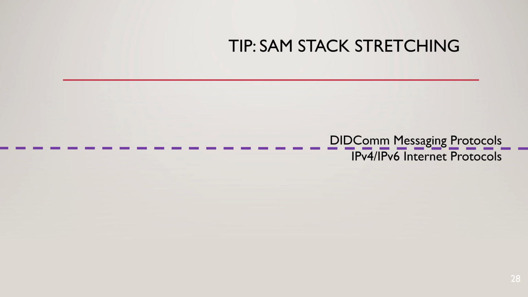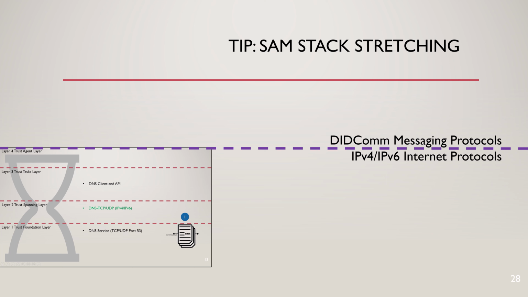The purple dashed line is our separator between those SAMstacks that use DIDComm messaging and those SAMstacks that use IPv4, IPv6 internet protocols, i.e. primarily DNS for the DIDComm-ARM. So at the bottom now, we've got the bottom half of stack number 1, which is the DNS server.